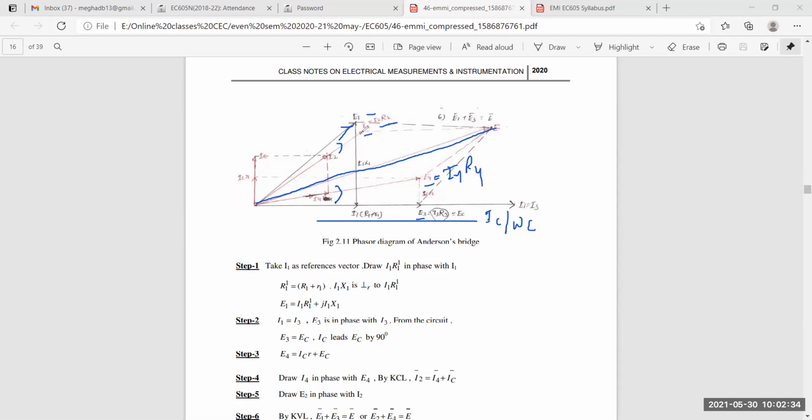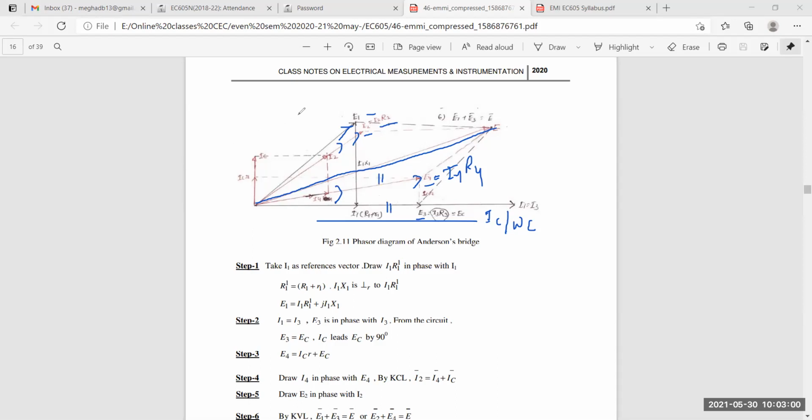So this line is the right angle triangle line, this is also a right angle triangle line up to here, and this line is also a right angle triangle line. And you see here the dotted lines which are drawn in parallel, parallel to this line. So I'm giving the parallel sign.